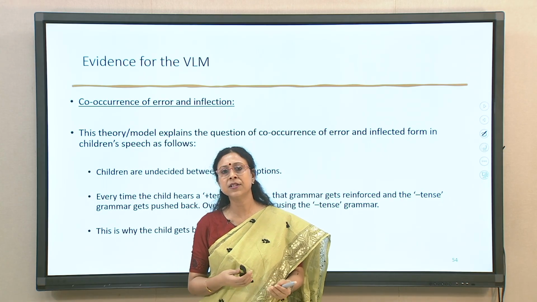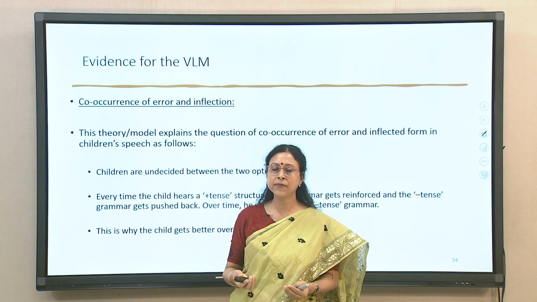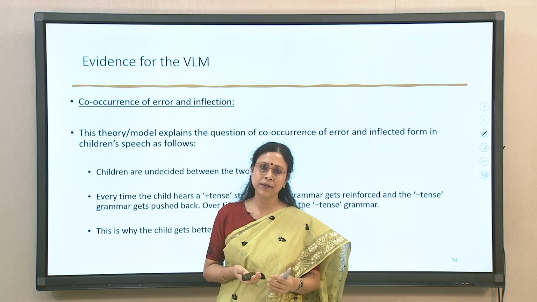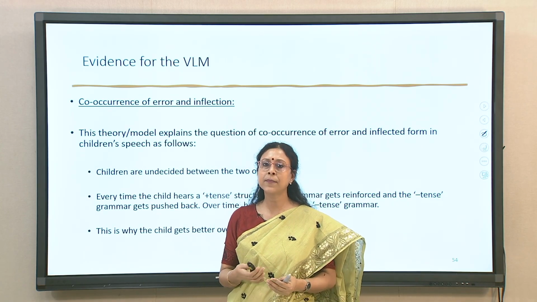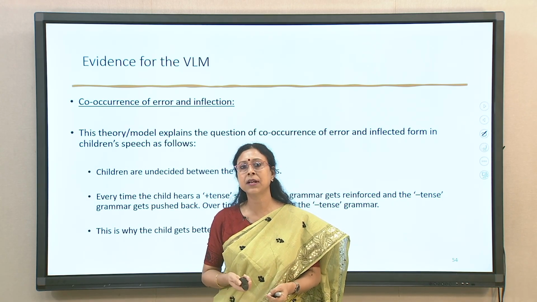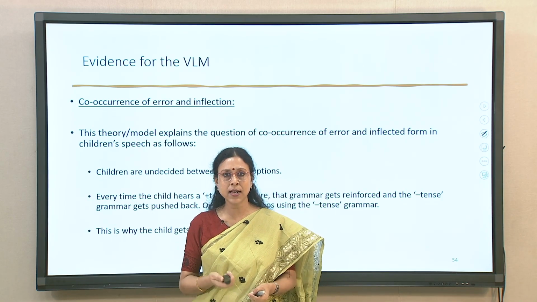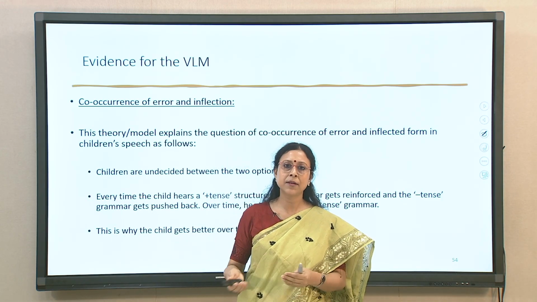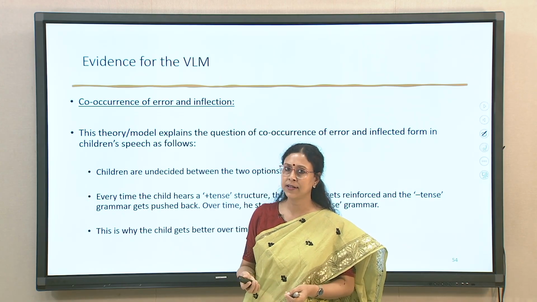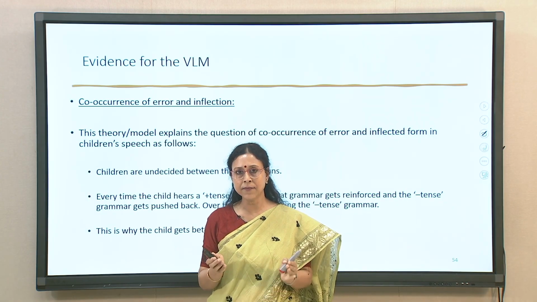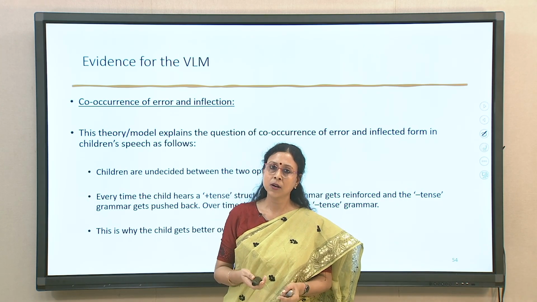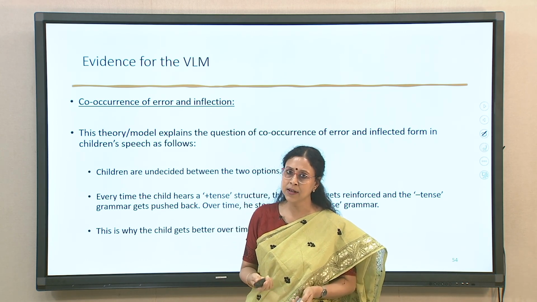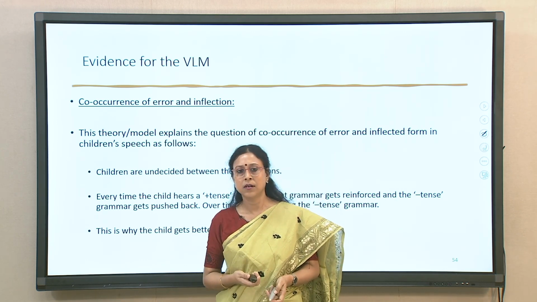That is why, if you have set one format initially, you can see there are problems even though they get it. They are in the process of understanding, hence sometimes they get it correct, sometimes they do not. They are undecided. It is kind of yo-yoing between plus and minus, until the child finally fixes on one. That is the time period when we see the co-occurrence of both the errors as well as the correctly inflected structures.